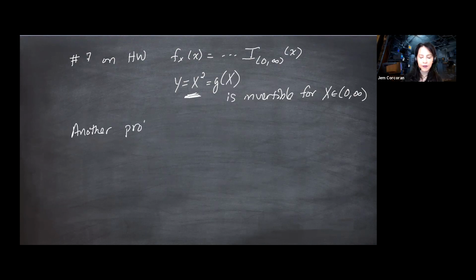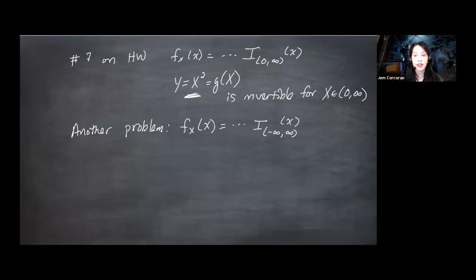This is another problem that I'm not even going to write down a PDF for. Suppose you had another PDF, and this one had an indicator that says X is anywhere from minus infinity to infinity. You wouldn't write that down because that's 1 everywhere.